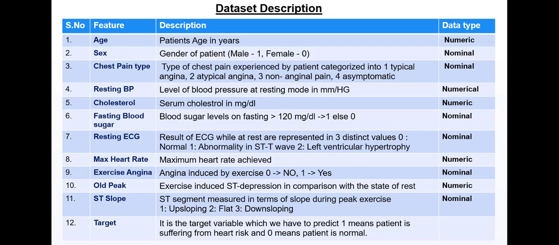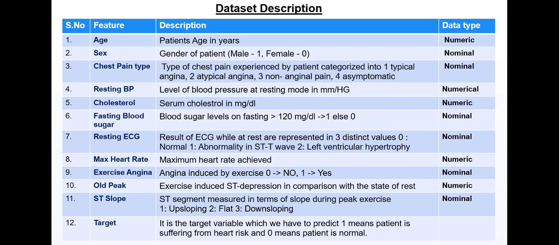If you talk about abnormality in ST-T wave, it is basically observed in actual heart patients. There is one ST segment wave which is measured in ECG, and you will observe abnormality in such types of waves. So that's why this is very critical for deciding heart disease.